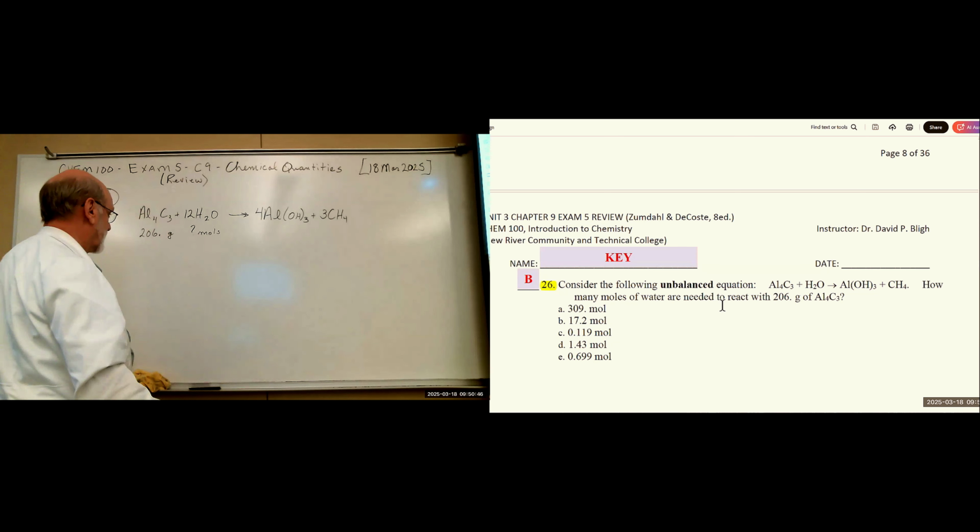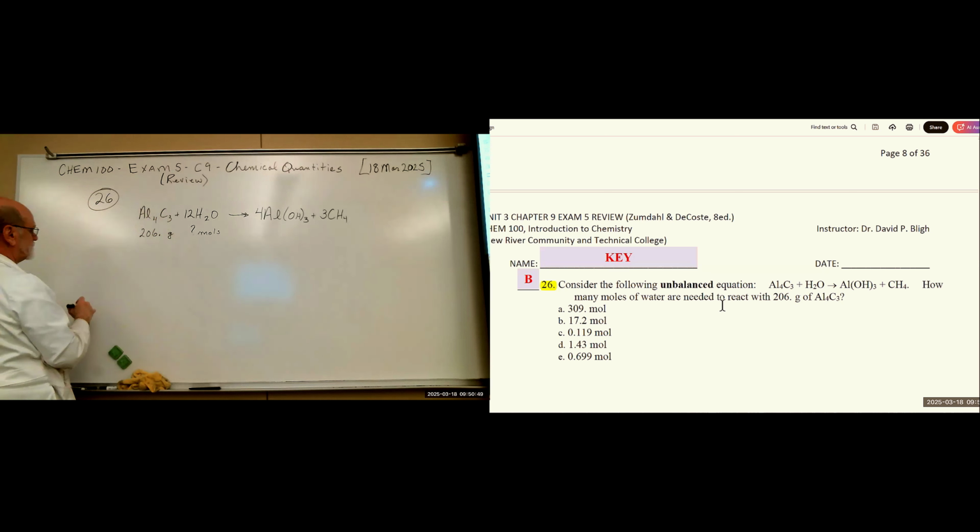Okay, so we need the molar mass of aluminum carbide. 4 times aluminum, which is 26.98, and then 3 carbons. Let's see if I can get this one right. 26.98 times 4. Okay.